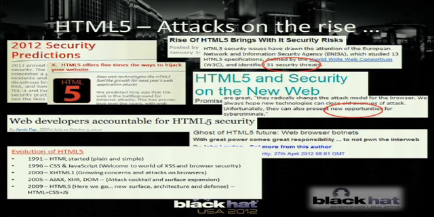Our browser started to move from thin to thick. And in 2009, when the HTML5 specification came up, the browser is no longer, I would say, a thin client. It's a very thick client we are looking at. You can compare the HTML5 specs with a small mini operating system running in your browser. We'll see why I'm saying this. So HTML5 has arrived: new surface, new architecture, new defense.